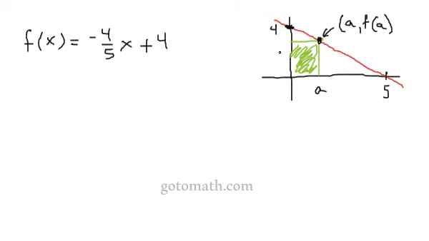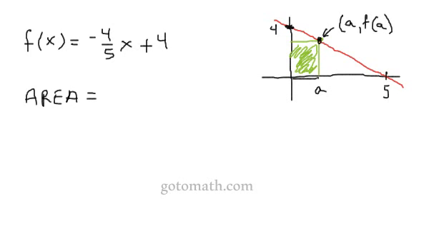Alright, so now what we're going to want to do is set up our primary equation. So this is our secondary equation, the equation to our line. And what we're going to want to do here is set up a primary equation that describes the area of this rectangle. So the area is equal to length times width.